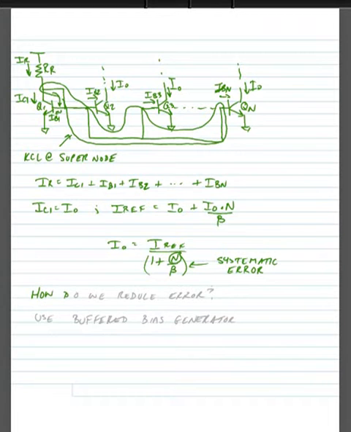So one thing to ask ourselves is, how do we reduce this error? And the way we do it is with what we call a buffered bias generator.